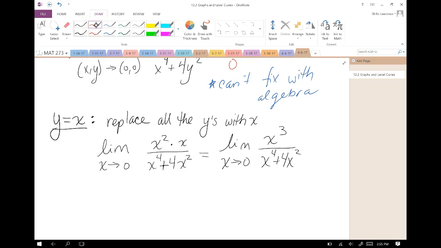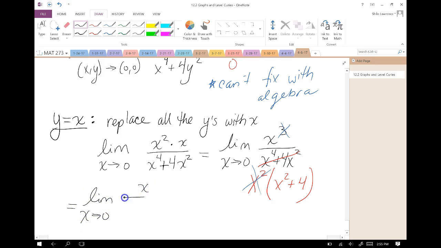What kind of algebra can I do in the denominator? We're going to pull out an x squared. And then we can cancel x squared in the bottom with 2 of my x's in the top. And now it's the limit as x approaches 0 for x over x squared plus 4.